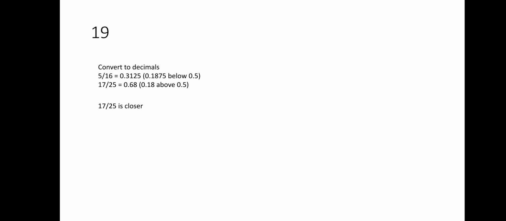And doing the same for 17 over 25, this is 0.68, and this is 0.18 above 0.5. So we can clearly see that 17 over 25 is closer in value to 0.5 because the magnitude of deviation is less than that compared to 5 over 16.